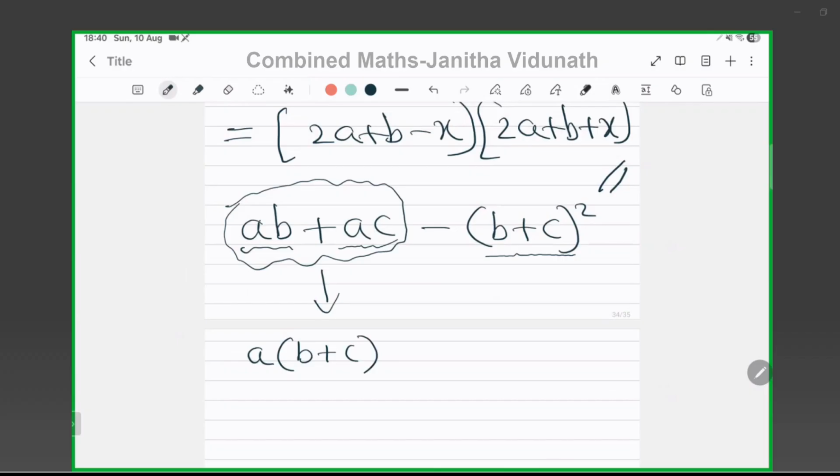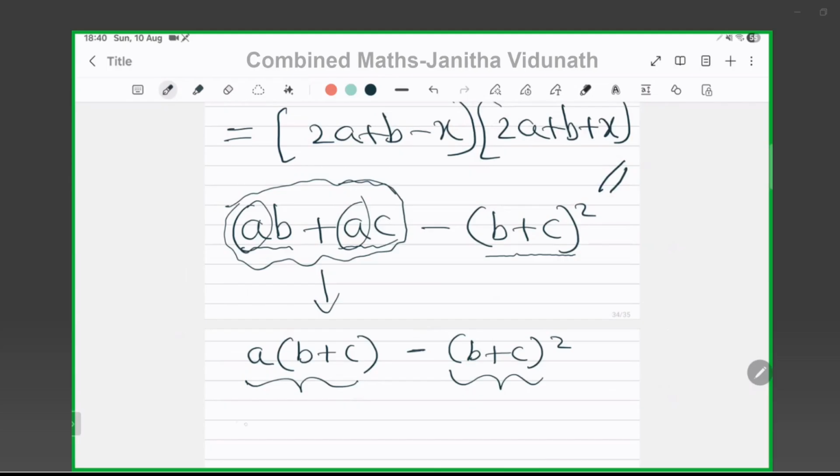Let me repeat. When we see these two terms, we can see that a is common to both. Then we can factor out a. Then this is a times (b plus c). Then the other term is (b plus c) whole square. Now we can see our first rule: both terms have b plus c in common.